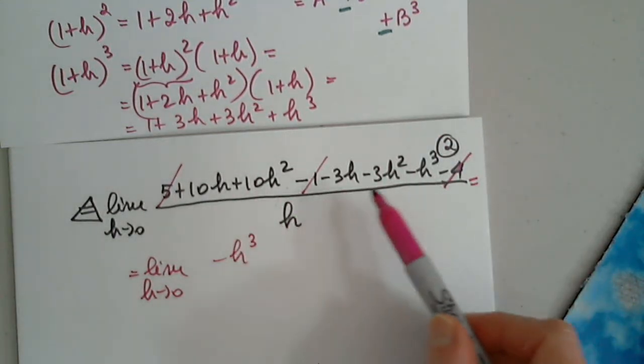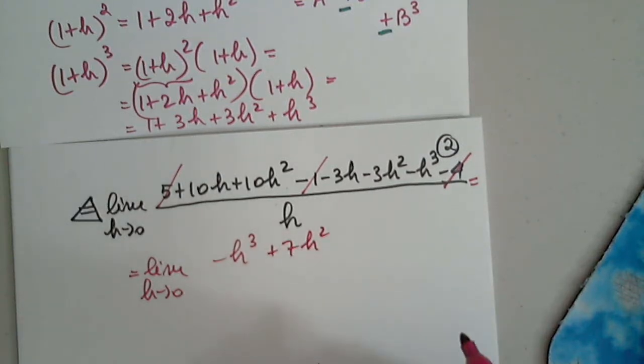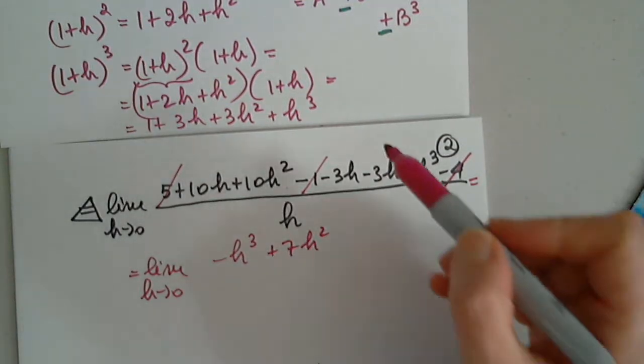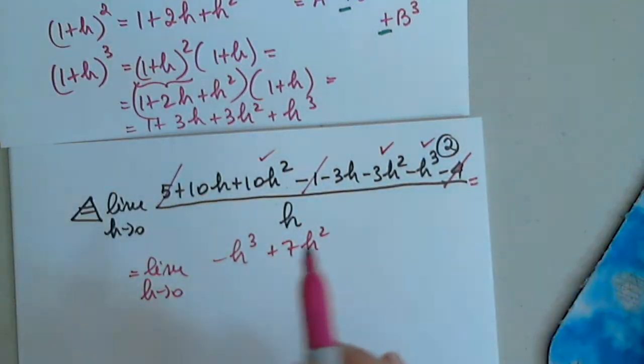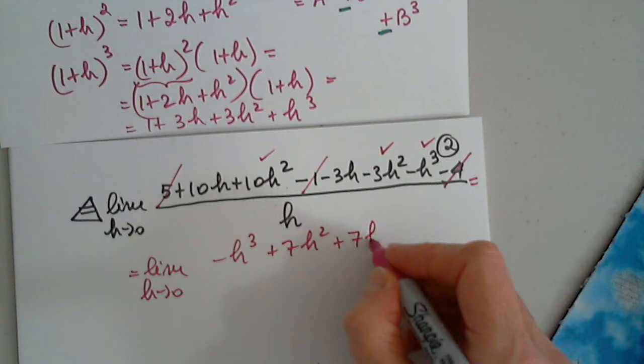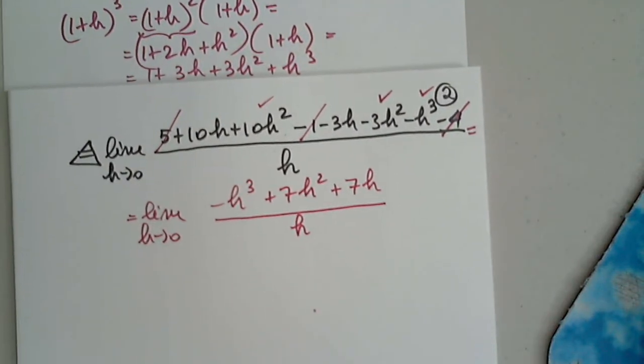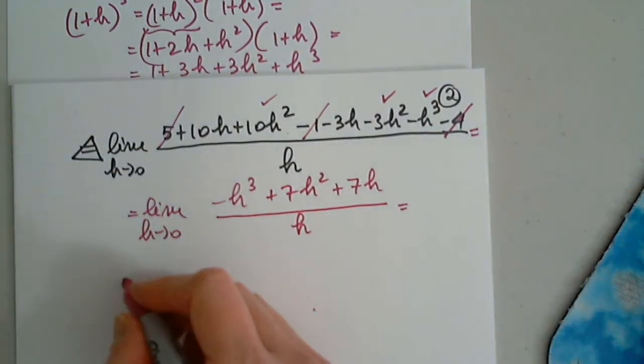Then I have 10h squared with minus 3h squared, so this is positive 7h squared. And so these terms are all done, taken care of. And I have a 10h minus 3h, which is positive 7h. And divided by h. So, of course, I will factor out.